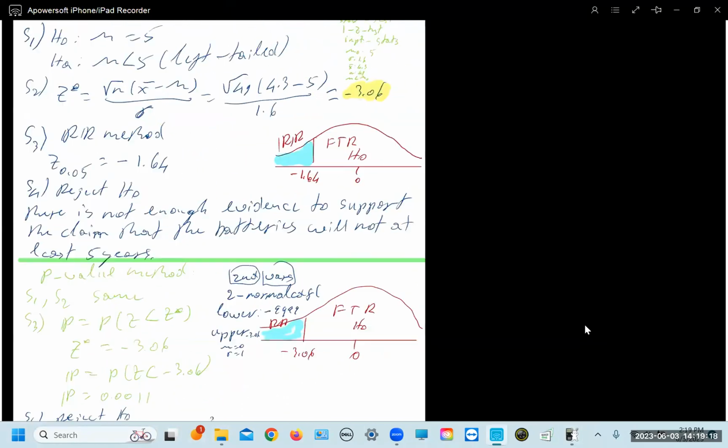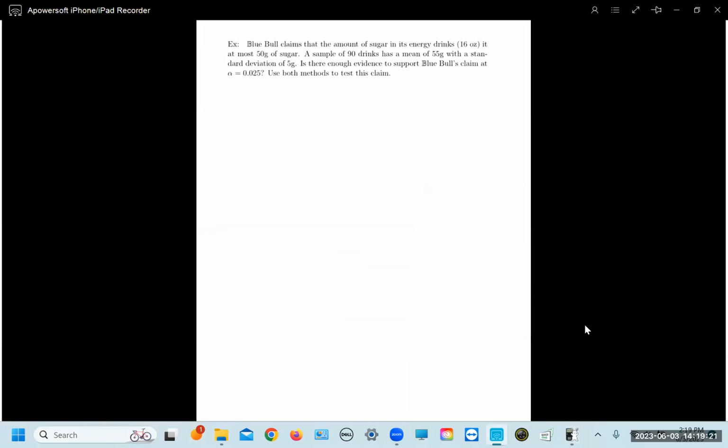Okay, another example. Let's go with another example. The Blue Bowl claims that the amount of sugar in the energy drink, 16 ounces, is at most 50 grams of sugar. For example, 90 drinks have a mean of 55 grams.